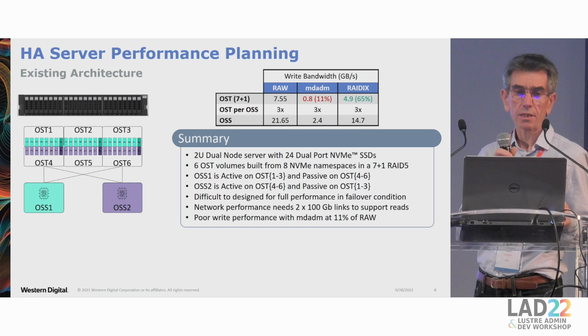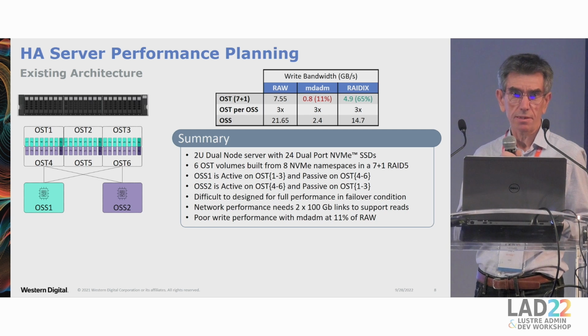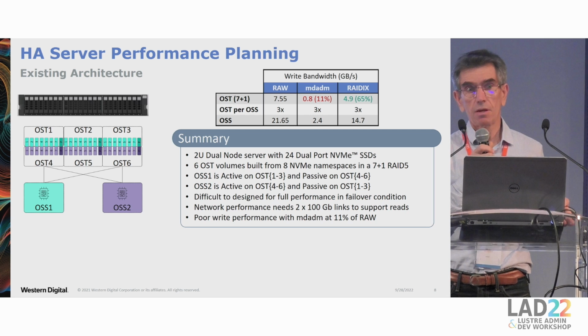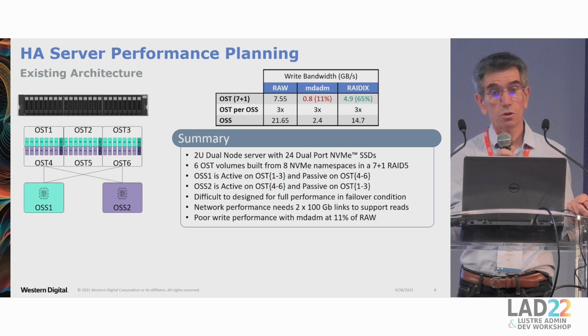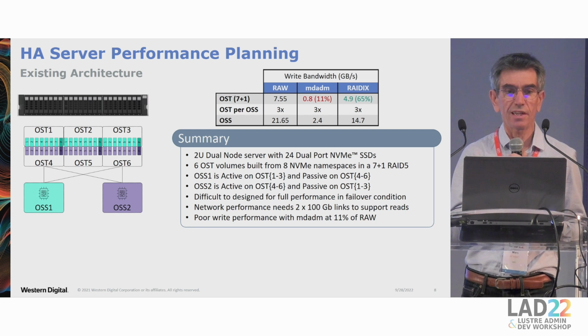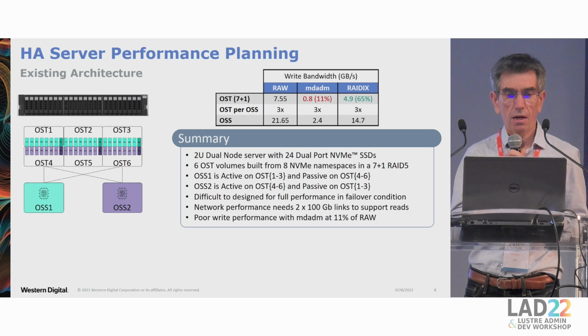Using 2 namespaces per device, you can create 6 OSTs. By the way, our NVMe devices all support multiple namespaces, and you can create up to 128 namespaces, but commonly fewer namespaces are used.